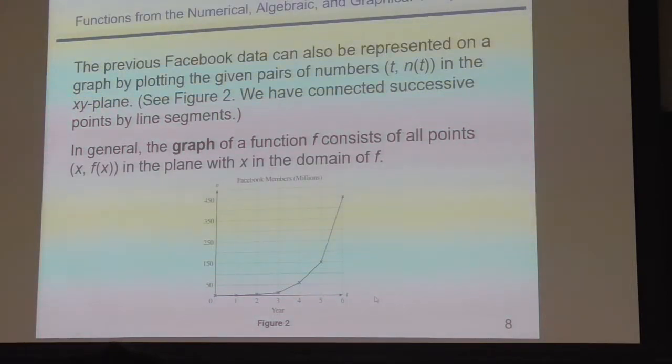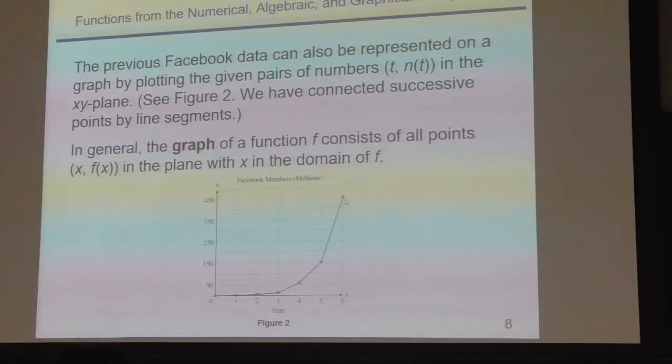So they say the previous Facebook data can also be represented on a graph by plotting the given pairs of numbers. Go to here. What are the coordinates of this point? Let's suppose that it lies exactly on this flat line here.